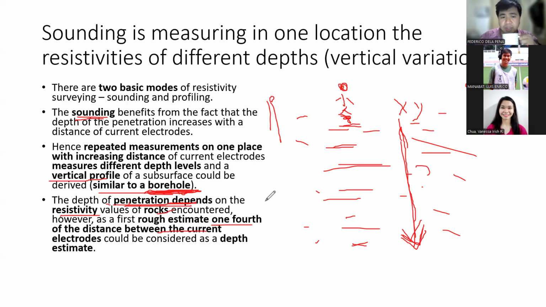I think this is more conservative. For example, if your current electrode spacing is 100 meters, the depth that you're penetrating here would be 1/4 of that, or approximately 25 meters.